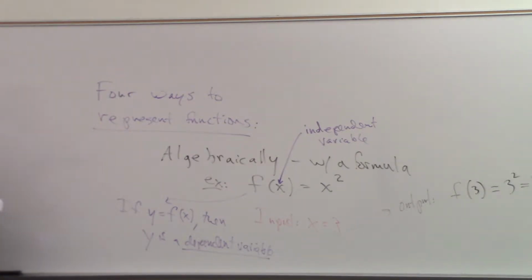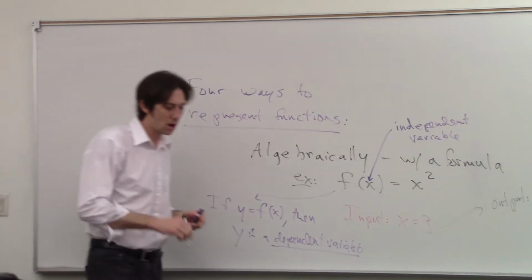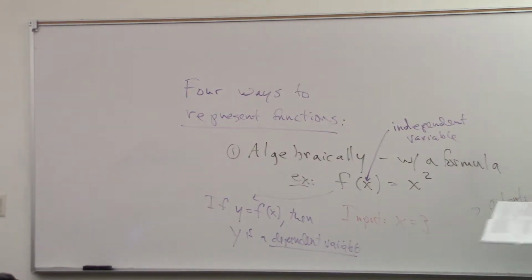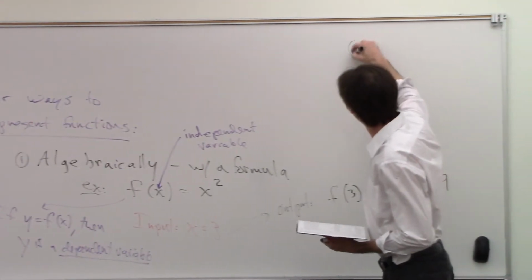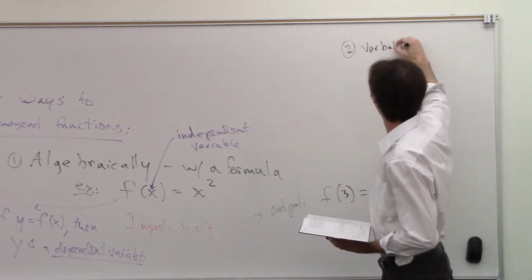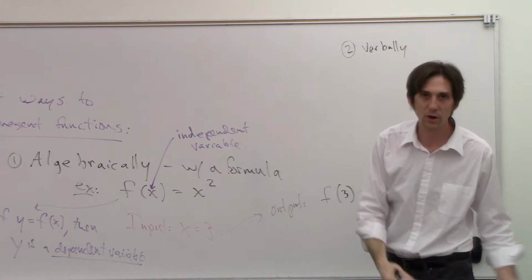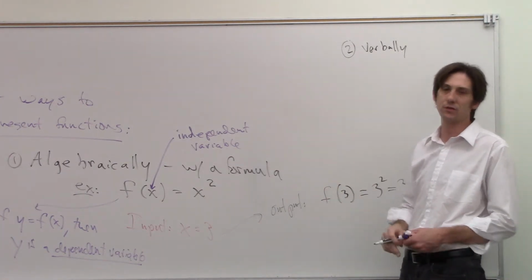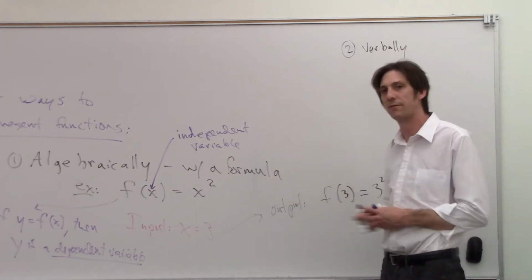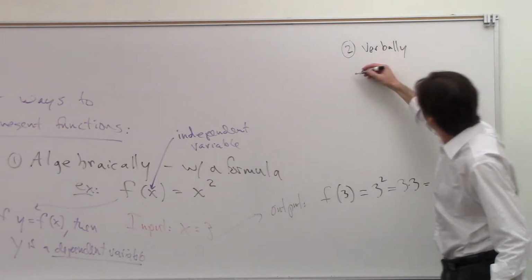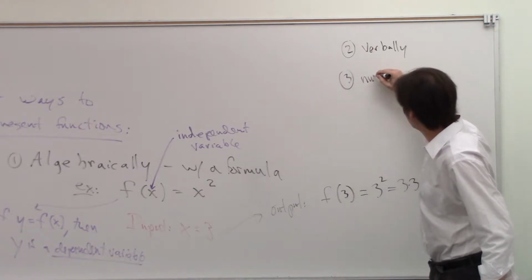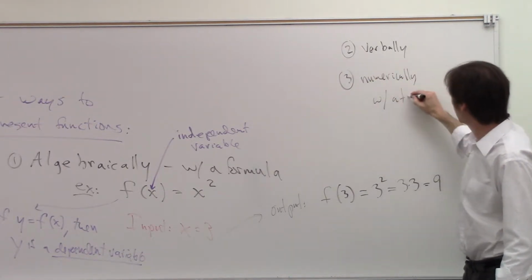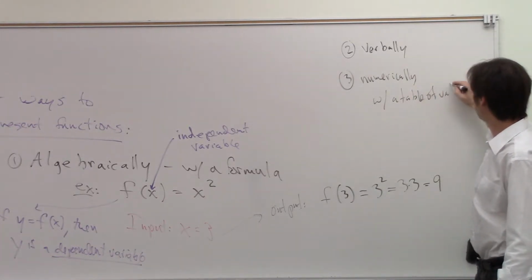Some other ways to represent functions are, right, algebraically was our first way to represent a function. A few other ways to represent functions are verbally. Right, on the front board from a moment ago, I just said 1 goes to A, 2 goes to C, and 3 goes to D. And so I told you what that function was. I can represent a function numerically with a table of values, perhaps.